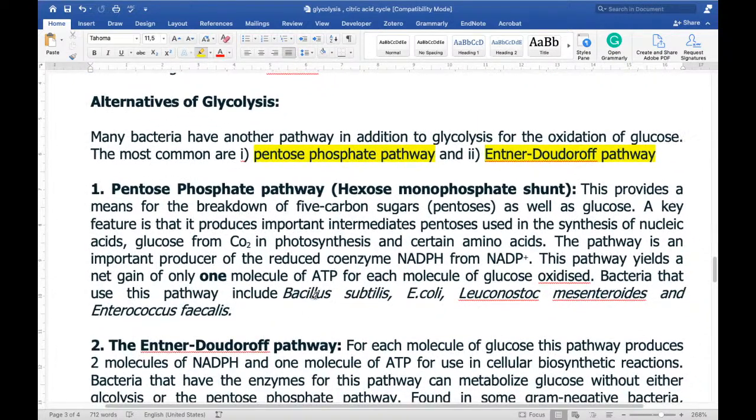In the pentose phosphate pathway, that is the hexose monophosphate shunt, HMS, this provides the breakdown of 5 carbon pentose sugars as well as glucose. A key feature is that it produces important intermediates used in the synthesis of nucleic acids, glucose from carbon dioxide in photosynthesis, and certain amino acids.